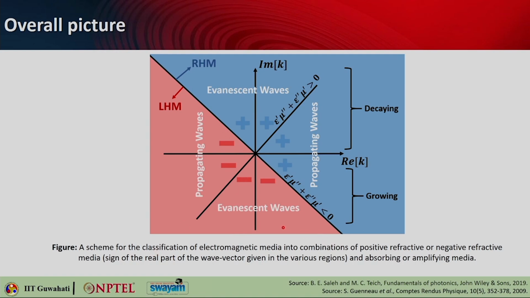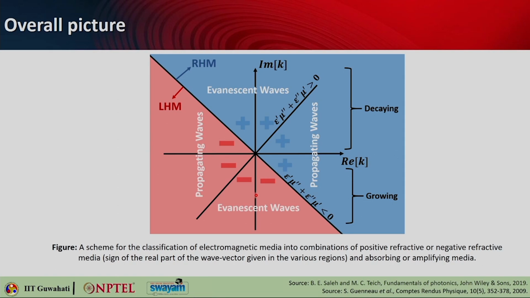So that is how you can read this particular graph, because in all other cases we have not considered epsilon and mu to be complex, but if you have epsilon and mu complex, you can calculate this and see where your material is landing, and from this chart you can find out whether it will be an evanescent wave or a propagating wave.